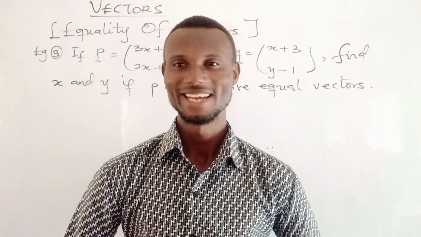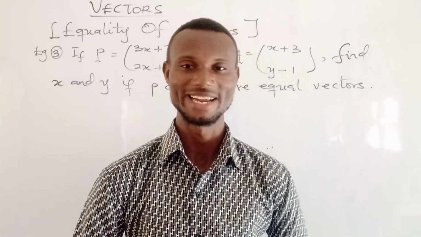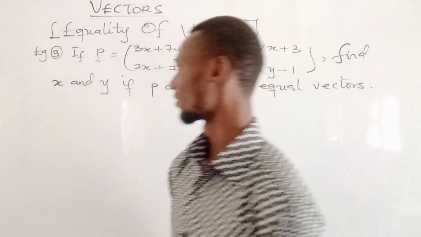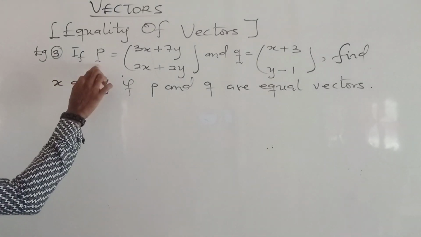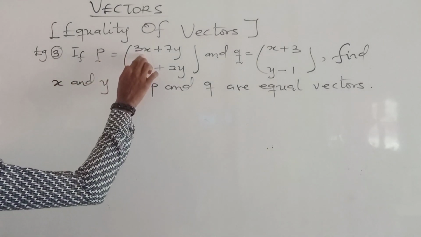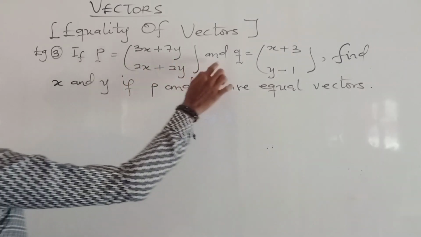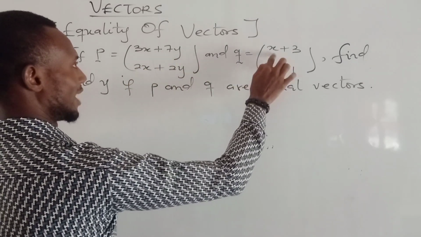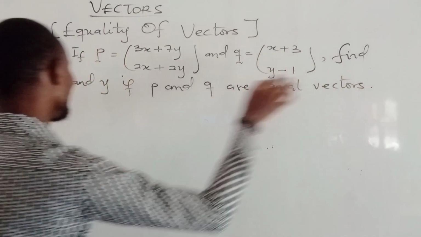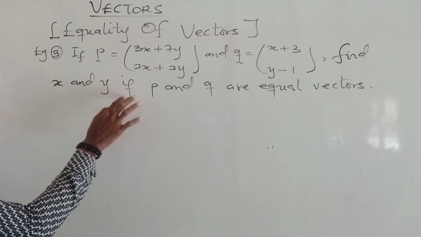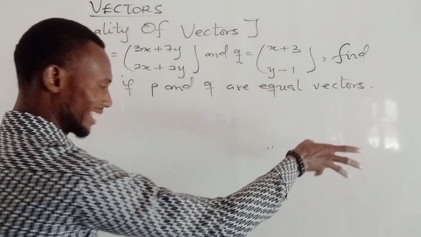Let's go ahead and take a look at the question that I have on the board. Let's read it together and proceed to solve. So now it says that if vector p equals 3s plus 7y, 2s plus 2y, and vector q equals s plus 3, y minus 1, find s and y if p and q are equal vectors.